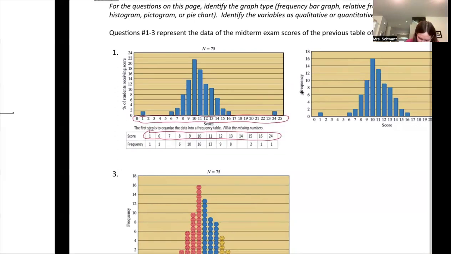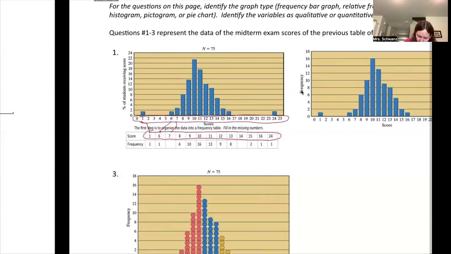So see the 1 is there, the 6 is here, the 7 is there, and they added some other numbers, but notice how there are no rectangles because there was no frequency. There was nobody who scored 2 on this exam. So that's why there's no rectangle above 2 or 3 or 4 or 5, and so on.